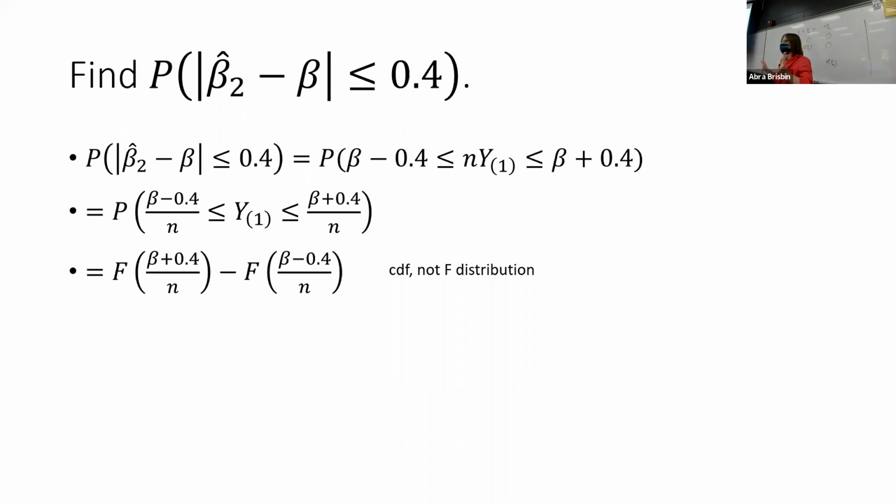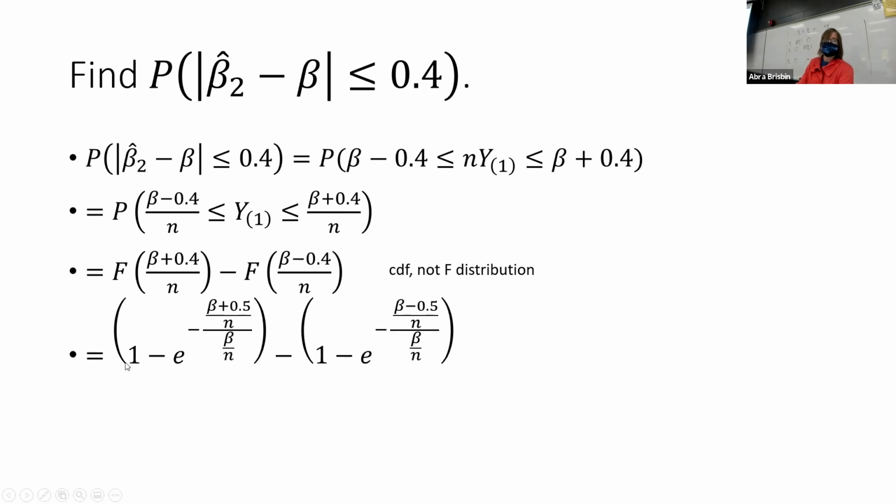We're not talking about the F distribution here. Alternatively, we could have taken the density function for an exponential and integrated it from the lower endpoint to the upper endpoint. That would also work.